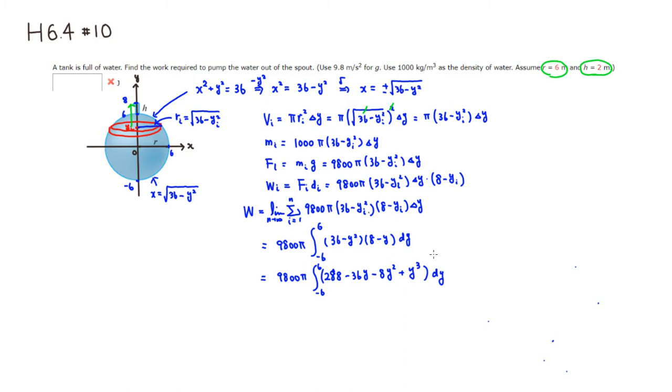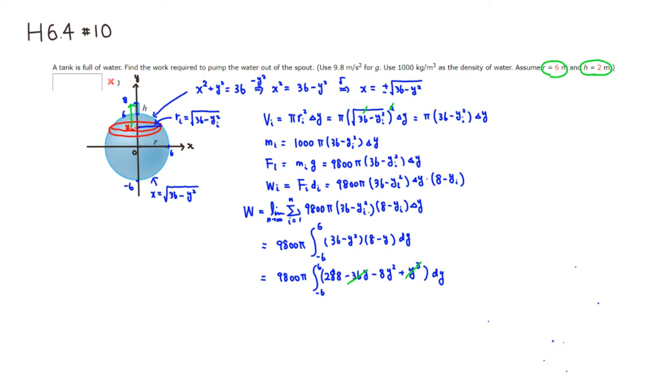I'm going to use this trick. Since you're going from -6 to +6, all the odd functions are going to give you 0. So this term right here is an odd function, and you can scratch it out because it produces 0 anyway. And y cubed is also an odd function, so we get rid of that.